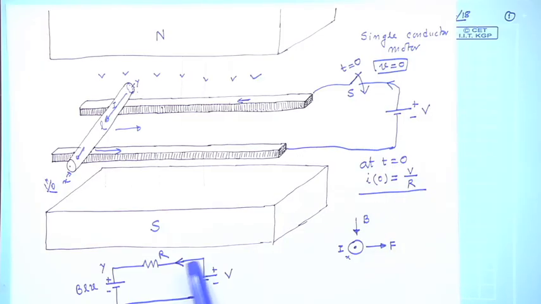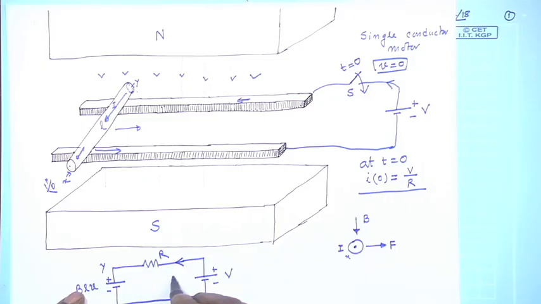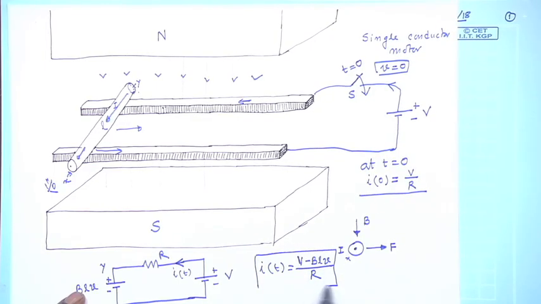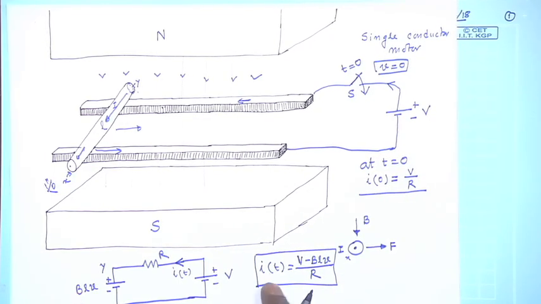I now know that the current value must decrease, because V is constant, but B L v is the opposing voltage. So, this voltage minus this voltage, divided by R, will be this current. So, i(t) will be (V minus B L v) divided by R. But unfortunately, the expression of the current cannot be found out yet, because v is not a constant thing.